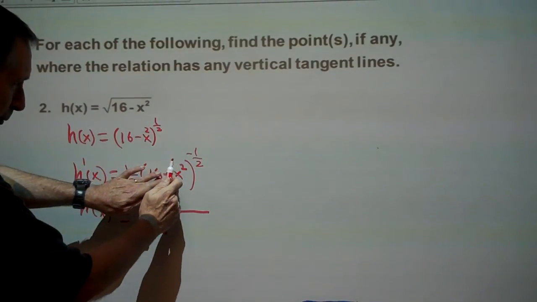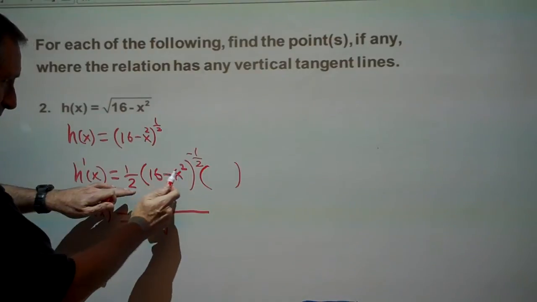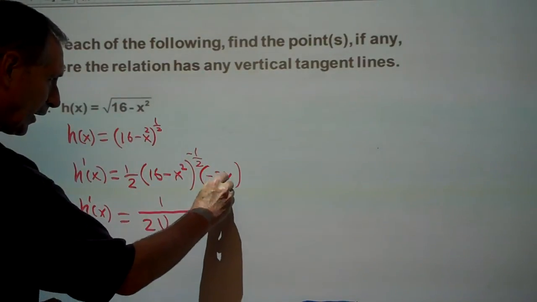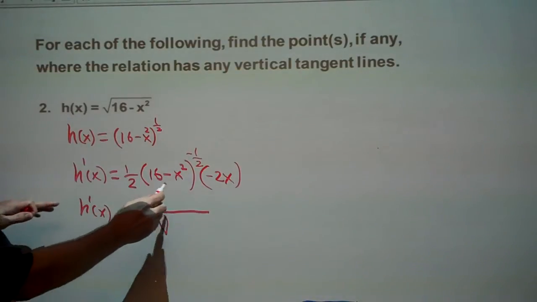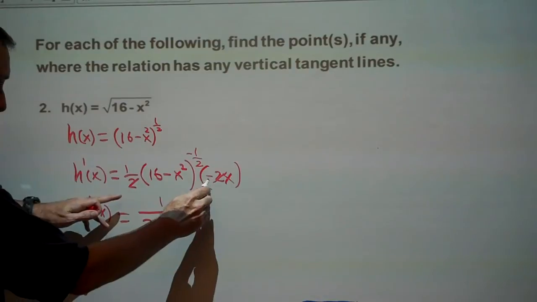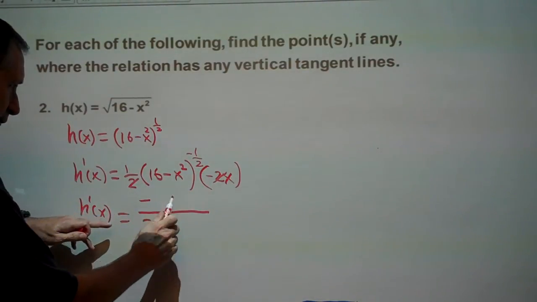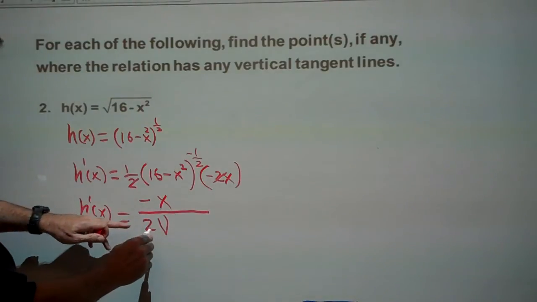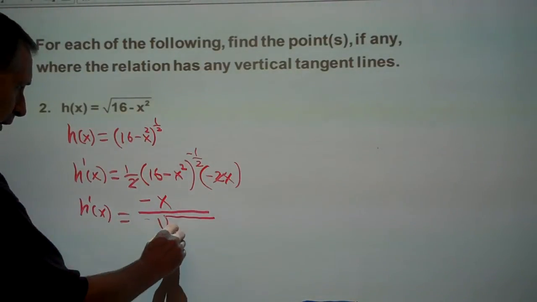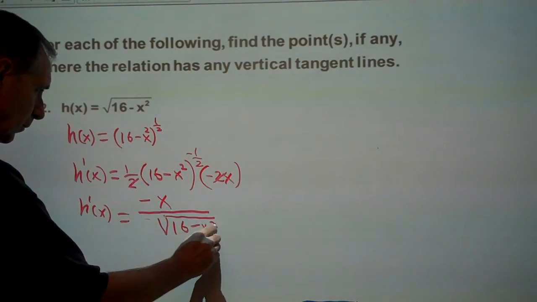We have to also multiply, using the chain rule, by the derivative of the inside, which is going to be negative 2x. So we have negative 2x. These 2s cancel here, and we still have a negative out front, so we have negative x over the square root of 16 minus x squared.